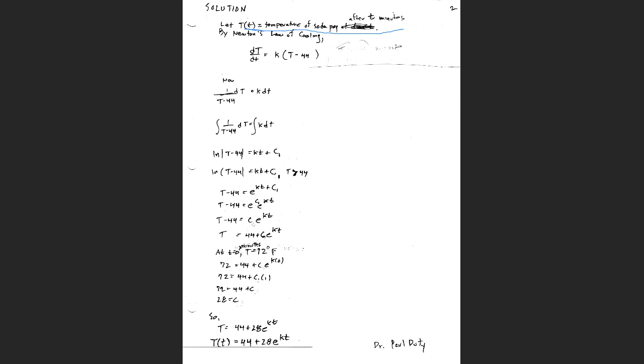Capital T is the temperature of the soda pop after t minutes. We're not doing hours, we're doing minutes, because it makes more sense in the problem, right? Now, by Newton's law of cooling, dT/dt is equal to k times (T minus 44).